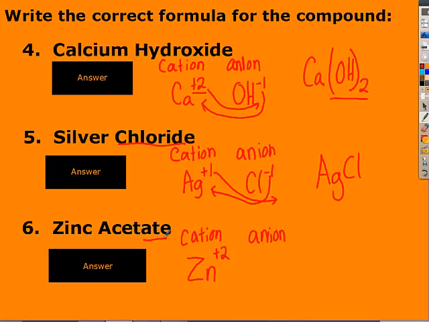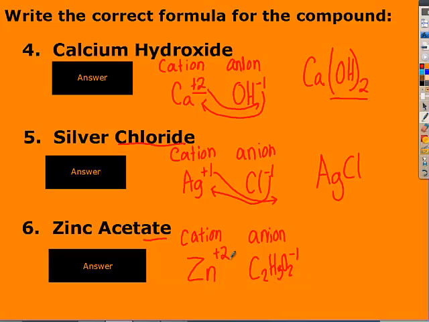As you can see, it's the first one. Now this one has 2 different formulas. Let's just pick the first one. The first one looks cleaner, it looks nicer. Let's pick that one. And that formula is C2H3O2 negative 1. Remember, there's just a negative, that means negative 1.